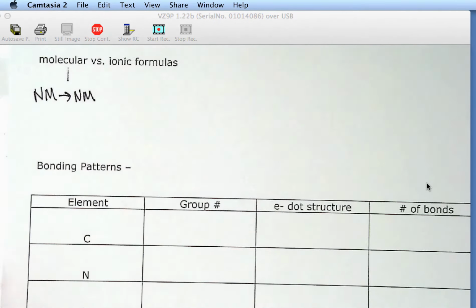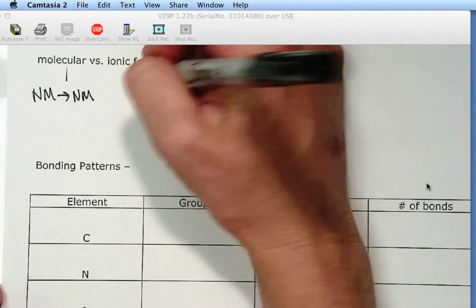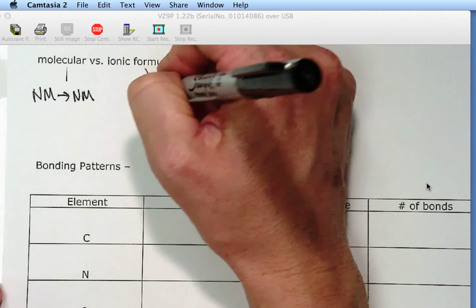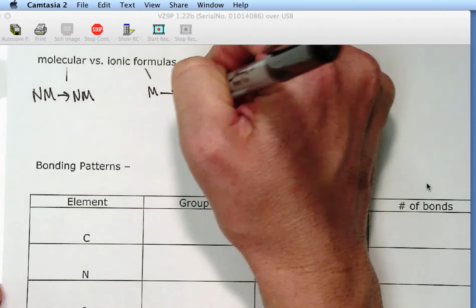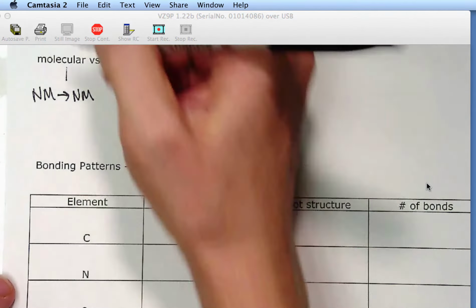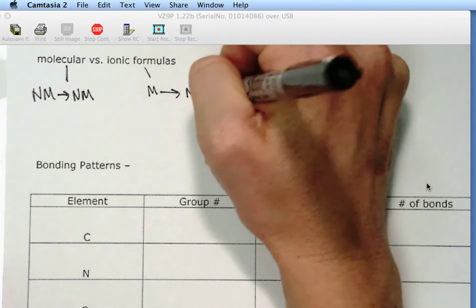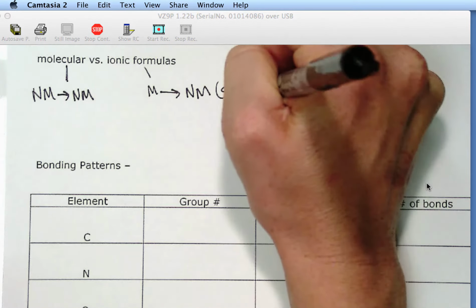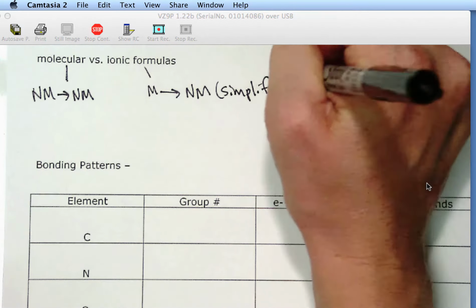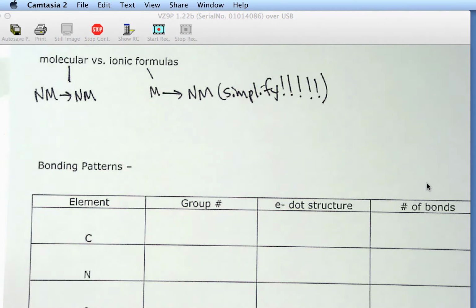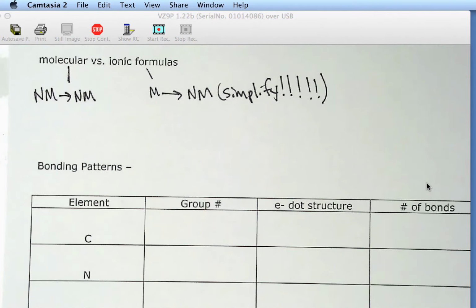Whereas ionic formulas, what do you have? Metal to non-metal. So this is the key thing to look out for. If you have metal to non-metal, that's ionic, you simplify these. Non-metal to non-metal, do not simplify.